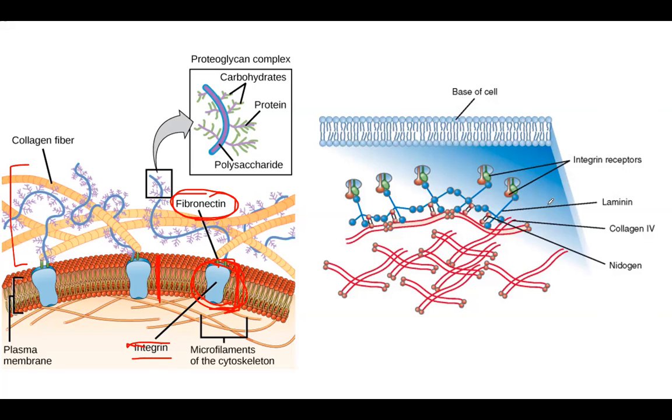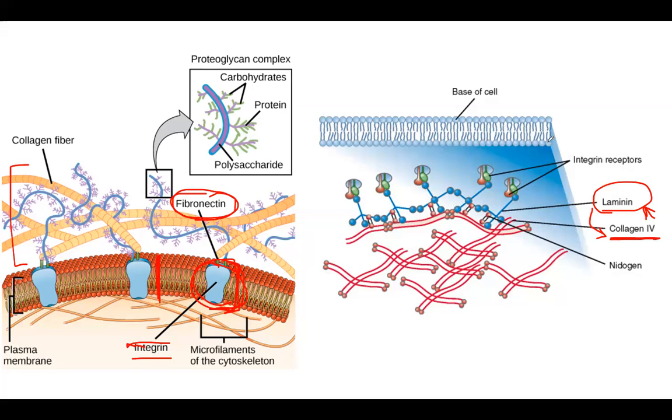The last thing they want you to know about is laminin. Remember how I told you that fibronectin can only attach to extracellular matrix type 1, 2, and 3? Well, the structure that attaches to extracellular matrix or collagen type 4 is called laminin. Laminin attaches to collagen type 4, and you find collagen type 4 in what we call the basement membrane.